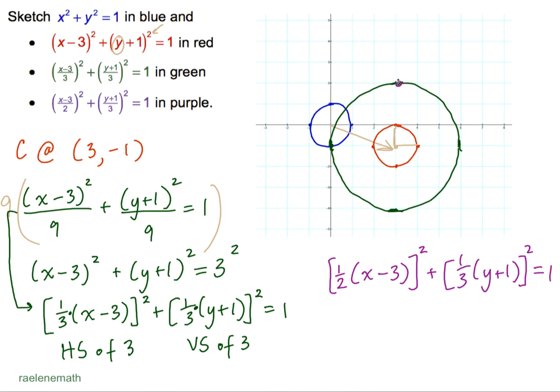So that actually gives us the same center and the same maximum and minimum points that we had from the green circle. But now we are no longer taking our parent circle, the blue one, translated to the red circle with the new center, and then taking this horizontal radius, we are only going to horizontally scale it by a factor of 2, whereas the vertical scale factor is a factor of 3.